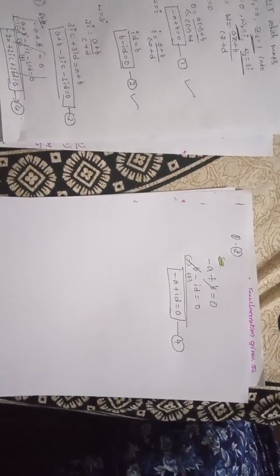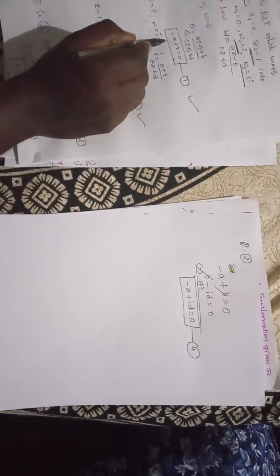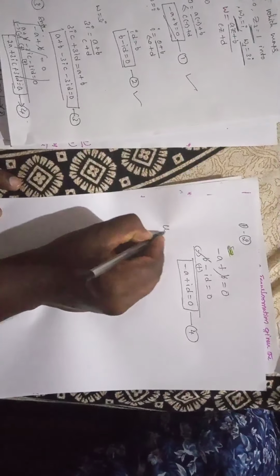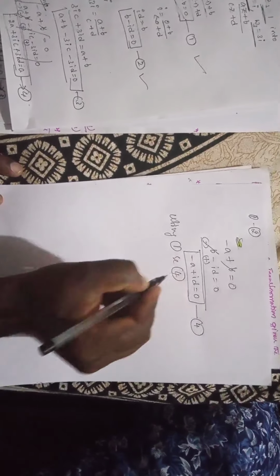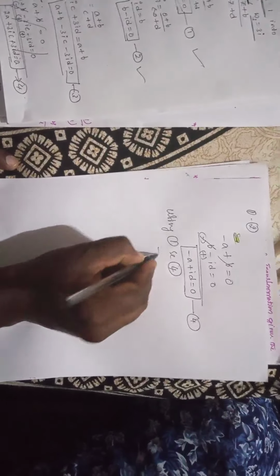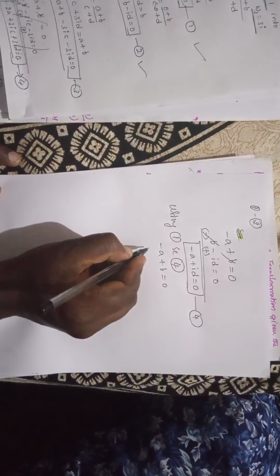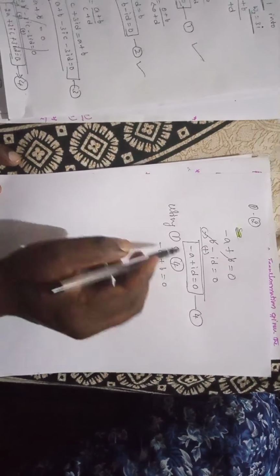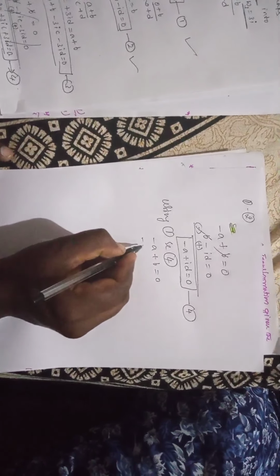So 1 and 4, see, it also has a 2, we can use 2 also. So using equation number 1 and 4, write 1 and 4 here: minus a plus b equal to 0, and here write equation number 4.